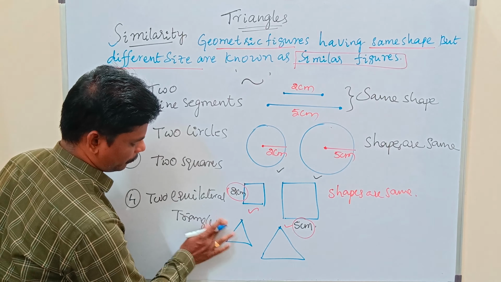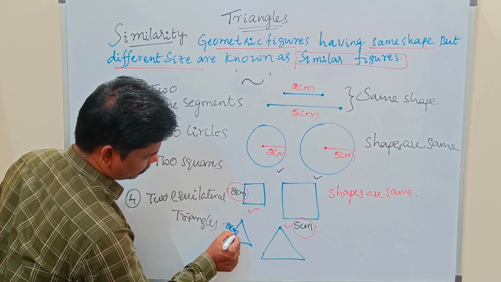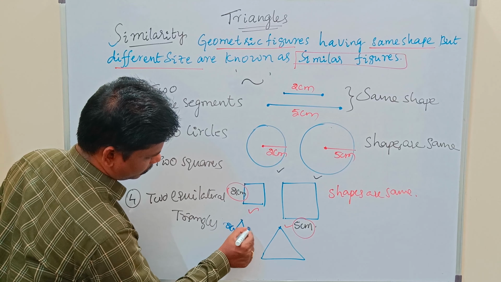Suppose this side is 2 centimeters, this one also 2 centimeters, and this one 2 centimeters. The other triangle has sides of 3 centimeters each. The shapes are the same, but the sizes are different.